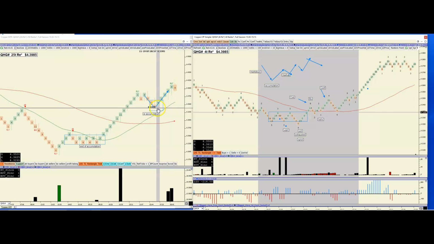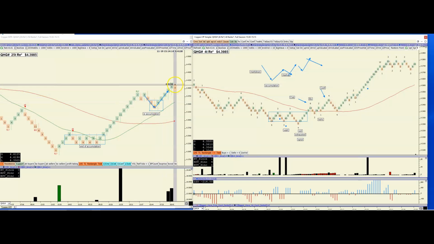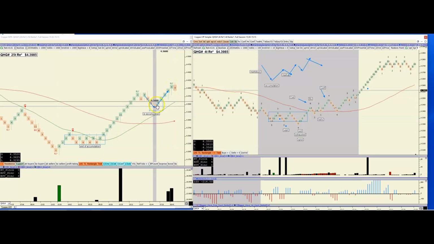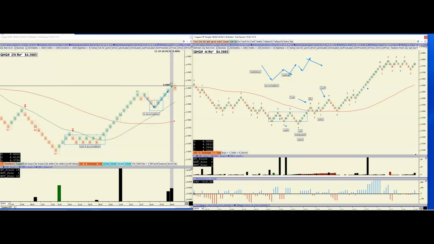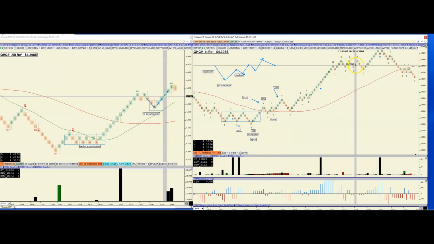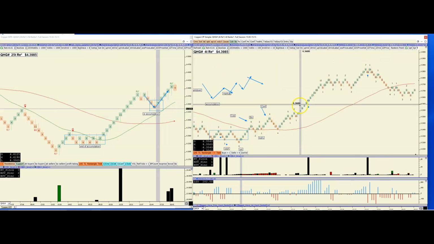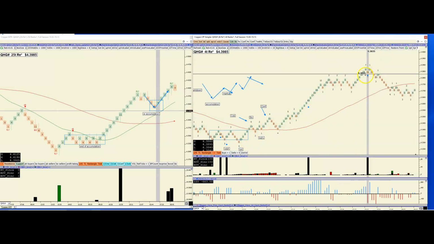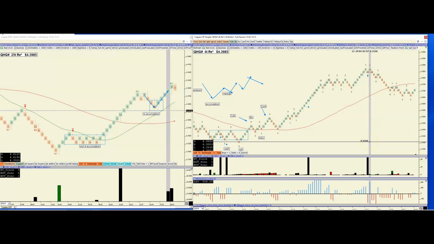Markup, or in this case, a swing, the next rally, right? Because reaccumulation will lead to the next rally. On a lower time frame, that rally is actually an uptrend, and you could call it all markup.